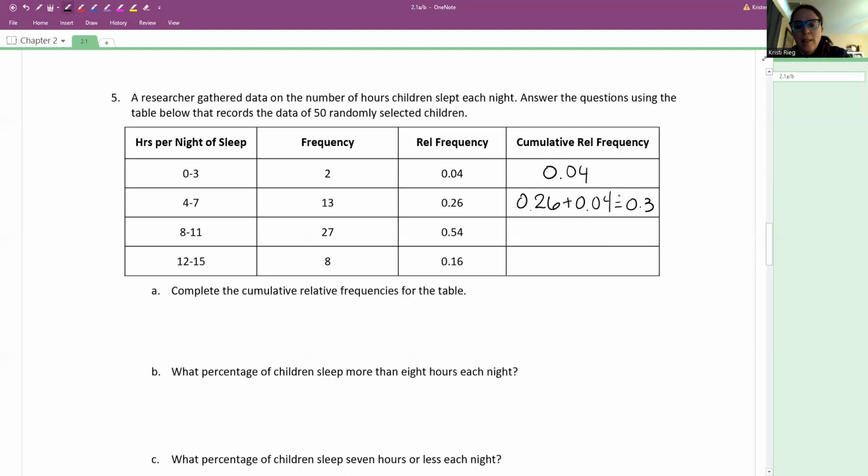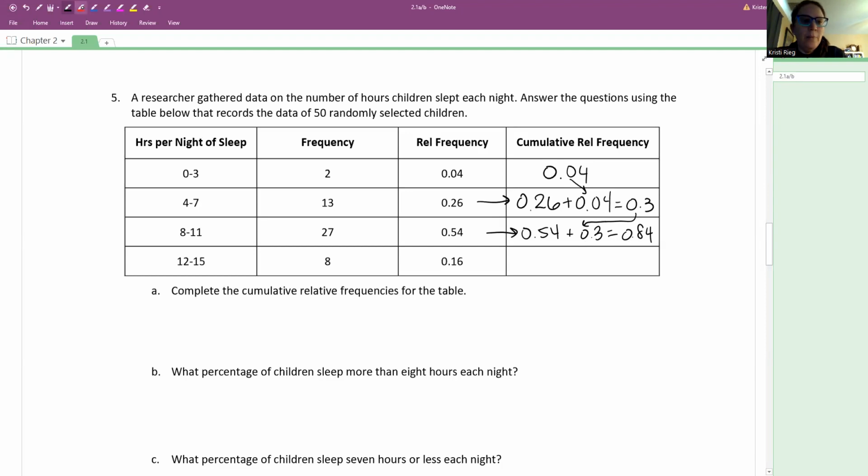Every time I take the number that I'm on and the row before it. So now I'm going to take the number that I'm on, 0.54, and the row before it, 0.3, and I get 0.84. I like to just take the row I'm on and add what's before it because this is already smushed together.